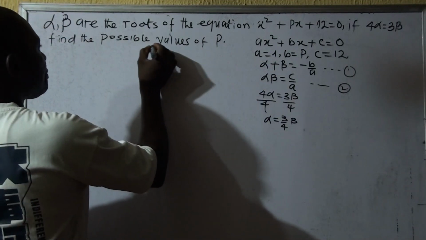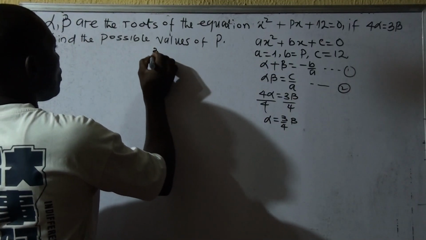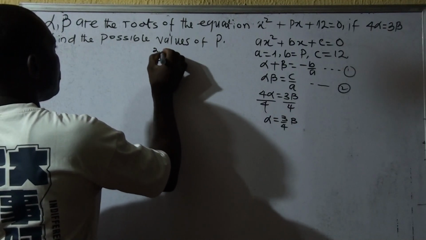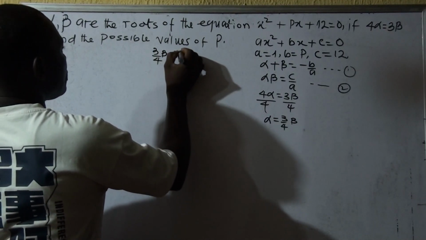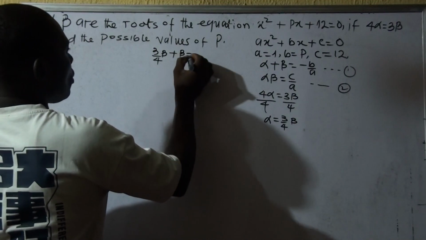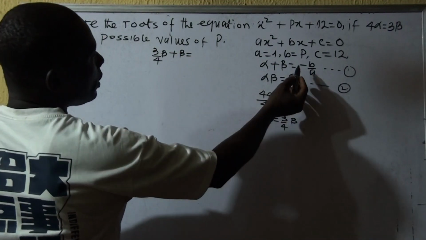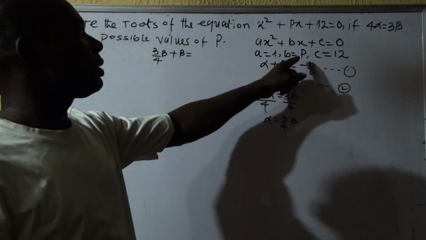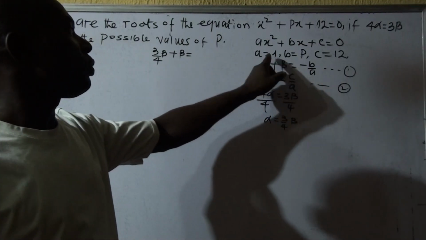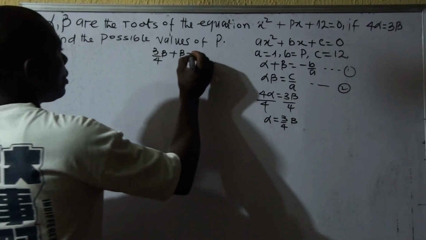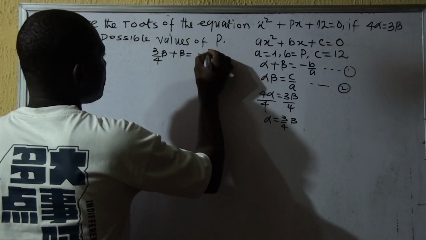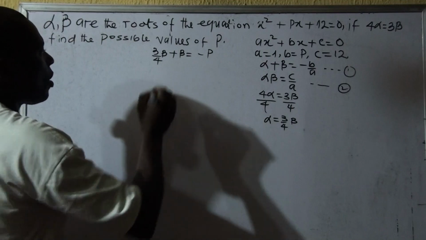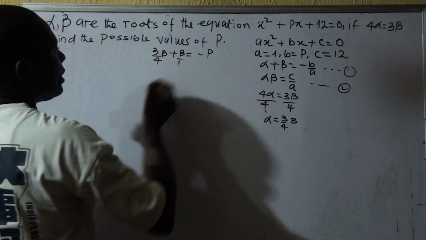Here it becomes 3 over 4 beta plus beta is equal to minus b over a. Since the value of b is p and the value of a is 1, this becomes minus p. Let's first simplify this.